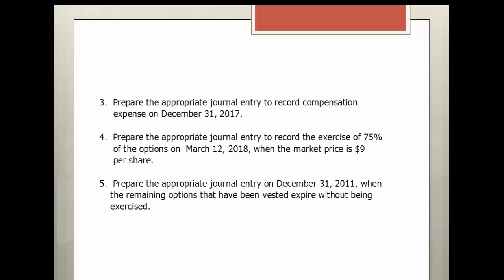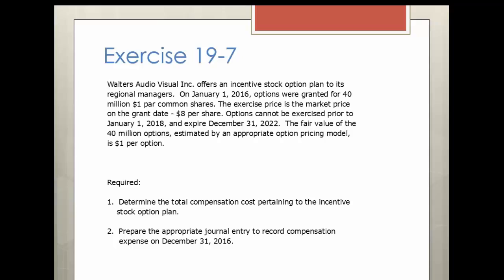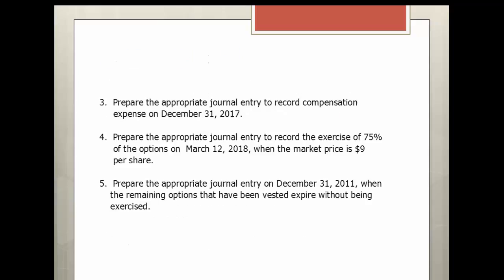So again, keep in mind that the original price, the strike price, was $8. Market price went to $9. Therefore, there is value in the option. Well, we need to account for this. Then the next piece is, let's say it went to $9, 75% of the people were smart enough to know it's time to exercise the option and get out of the market. 25% of the people decided to hold.